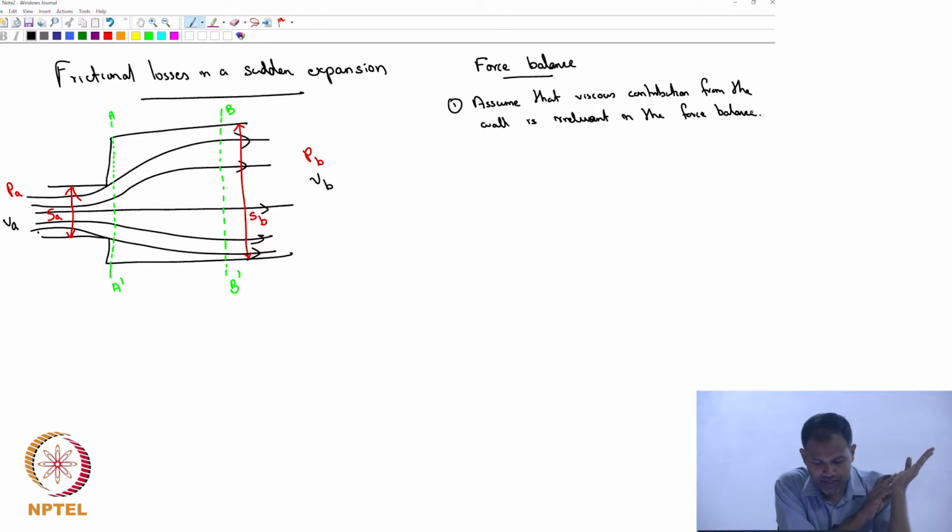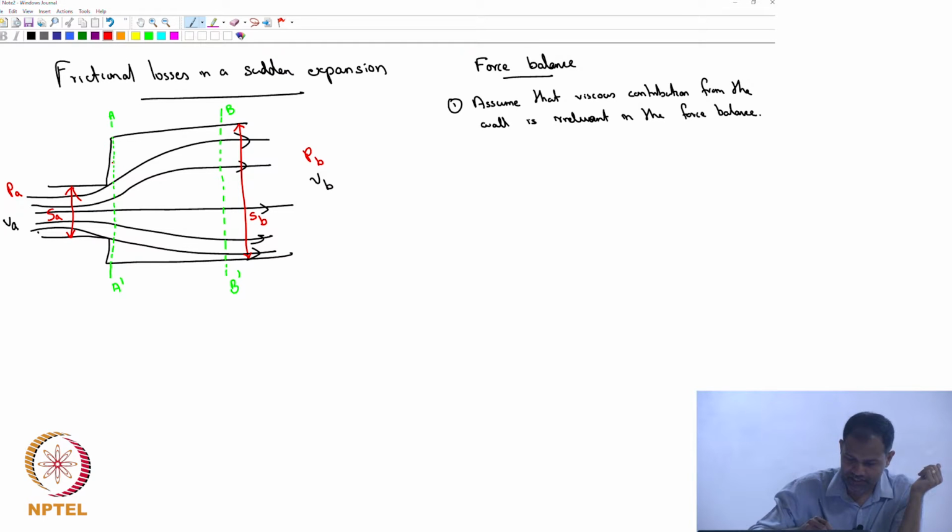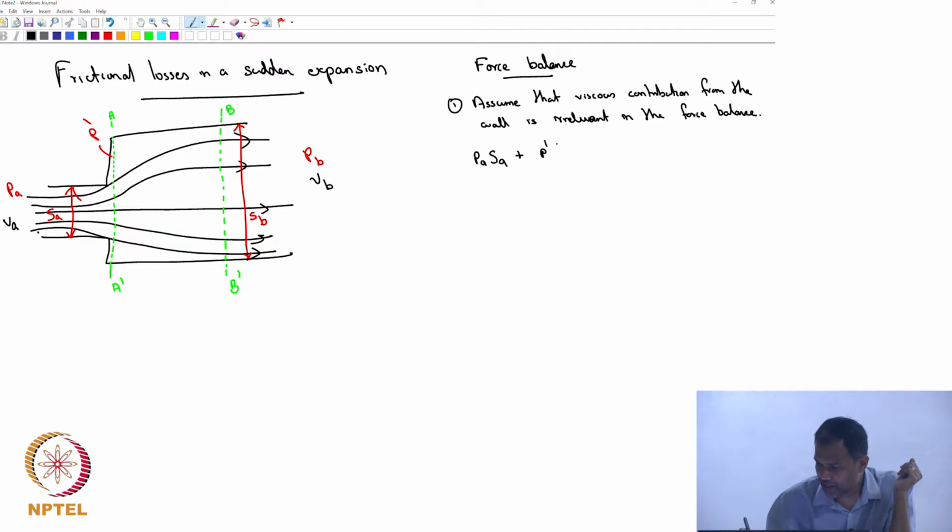The pressure of the incoming stream is PA. We do not know the pressure here, which is very near the wall. Let me just call it P prime. Then the force that's acting along x direction is PA times SA plus P prime times (SB minus SA).